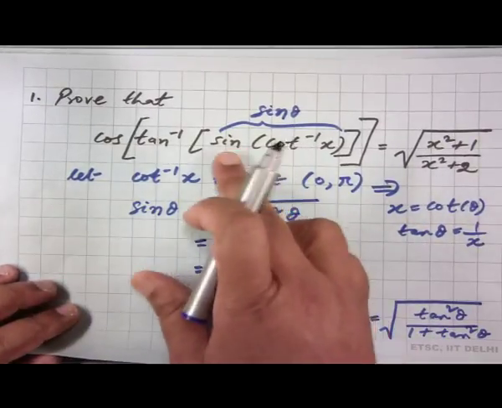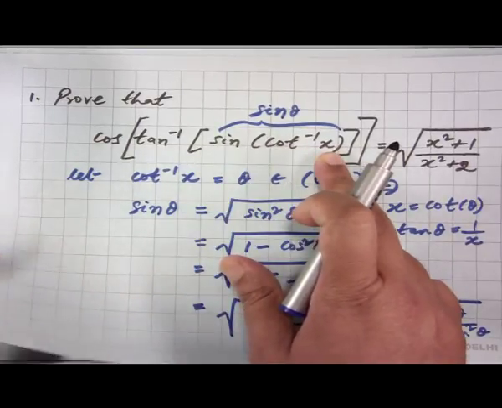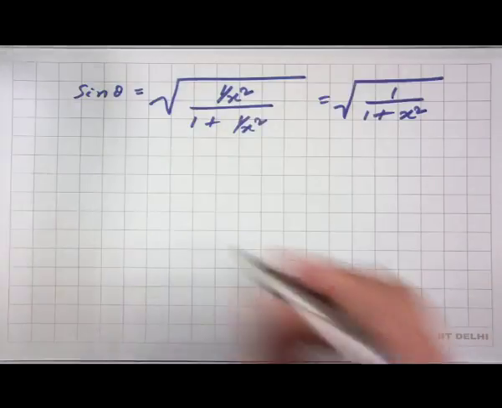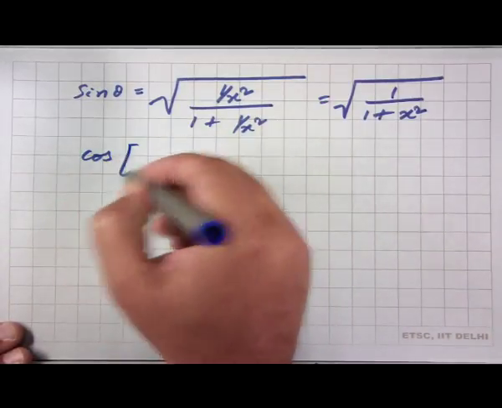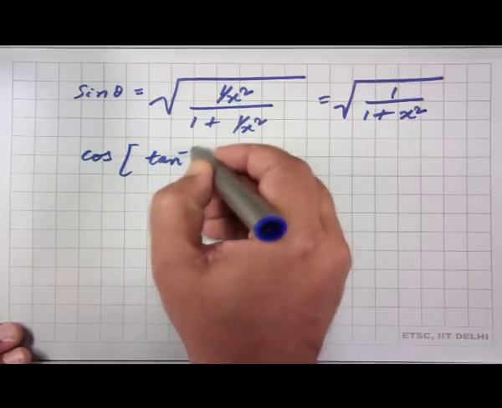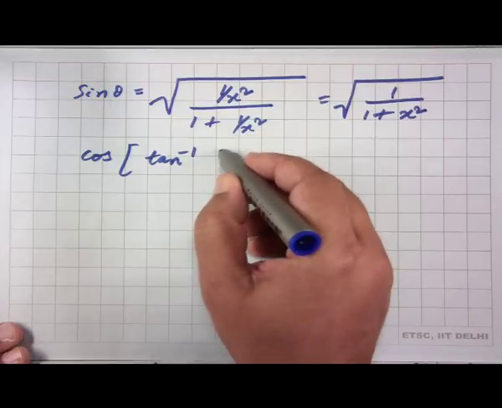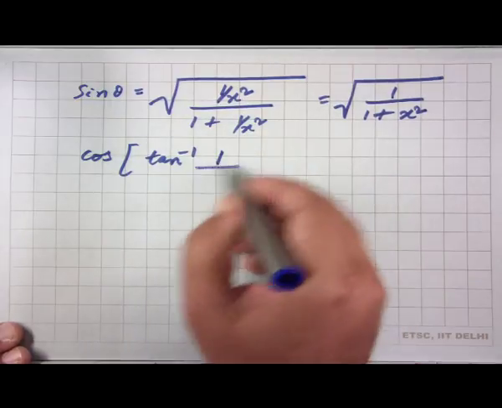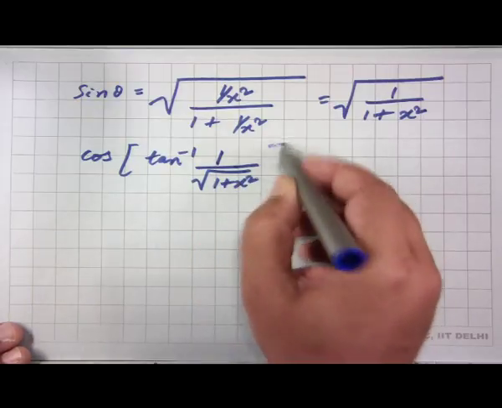And that value we essentially put back in this equation over here. So, what we then get is that we need to evaluate cos of tan inverse sin theta, but sin theta is this value, which is 1 over positive square root of 1 plus x square.